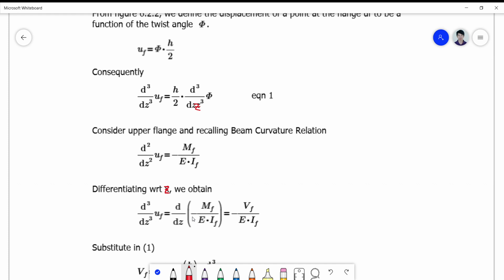Taking note that the derivative of a moment with respect to a coordinate axis, say z, is simply your shear.